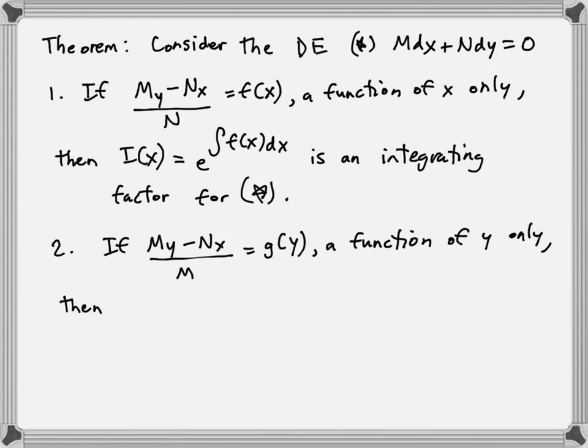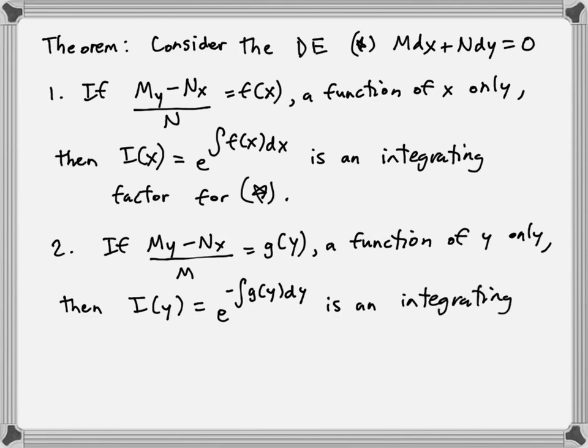Then I of y, which is equal to e to the negative integral of g of y dy, is an integrating factor for star.